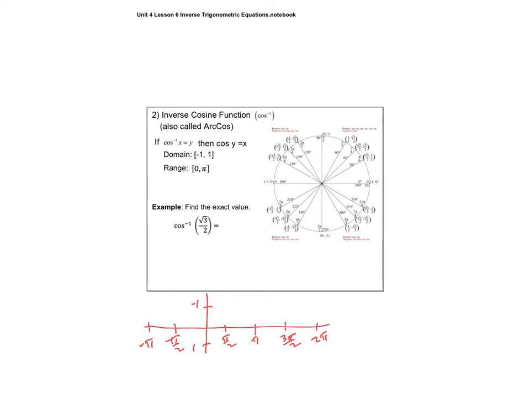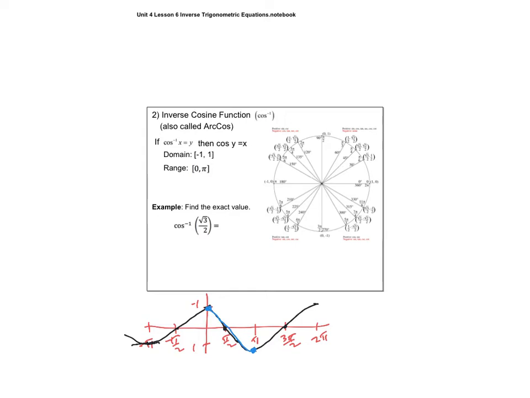So graphing this function out, looking at this one, we're restricting it from 0 to pi.